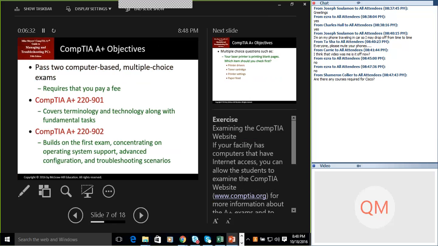Usually 901 is hardware and 902 is software, but they go hand in hand. So sometimes a person might think if they just want to do the software concentration, they can go straight to 902. But if you don't cover all the terminology and all the parts and everything that goes together in 901, then you won't be ready. 902 is definitely harder. Take it from somebody who took the test.